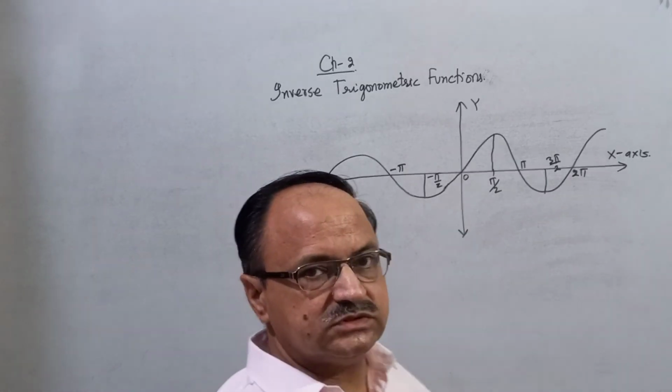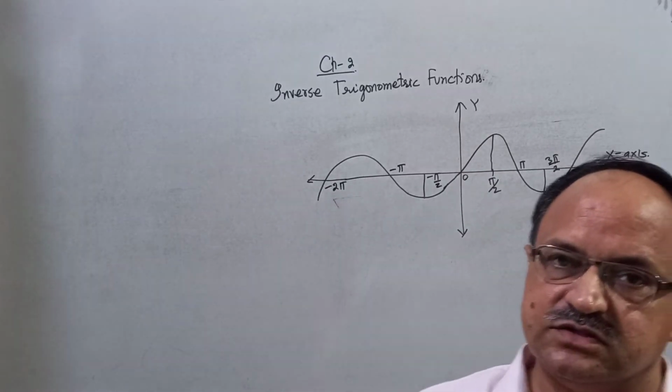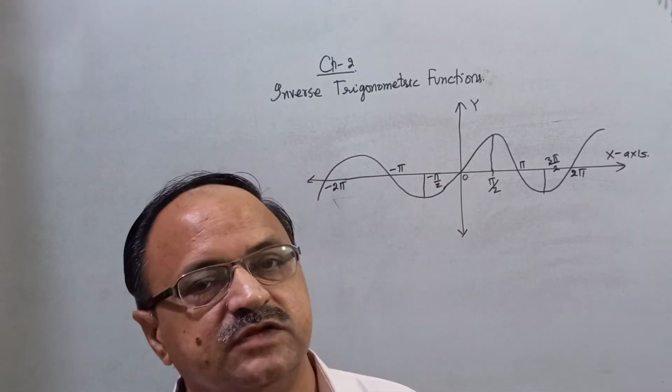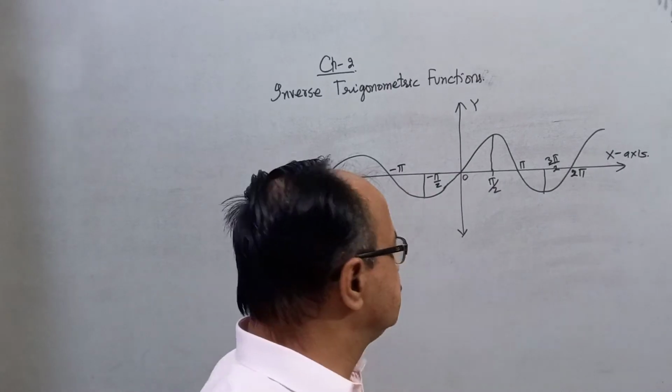When you put pi by 3 the value is root 3 by 2, when you put 2 pi by 3 the value is root 3 by 2.